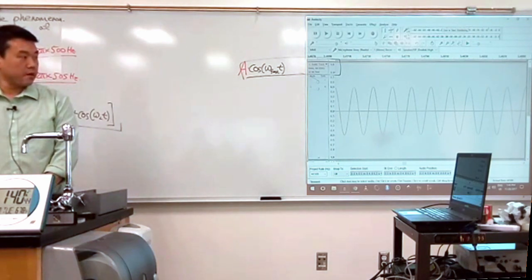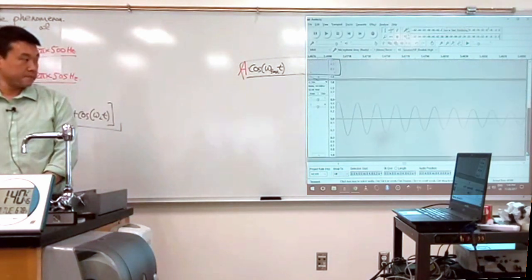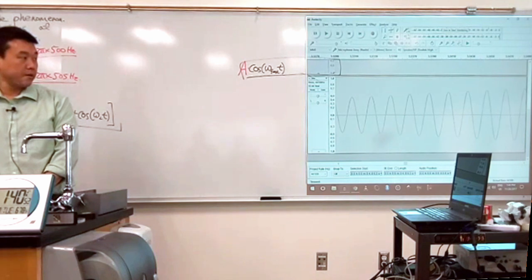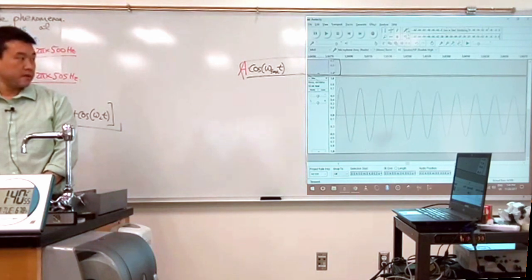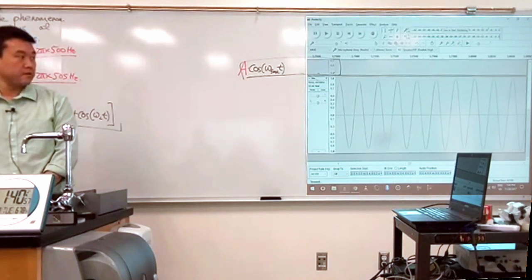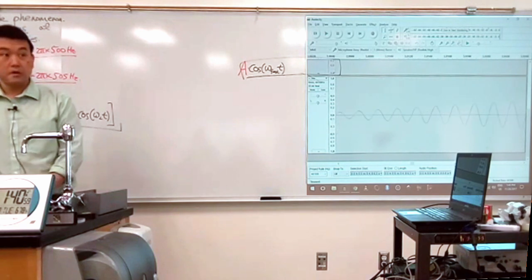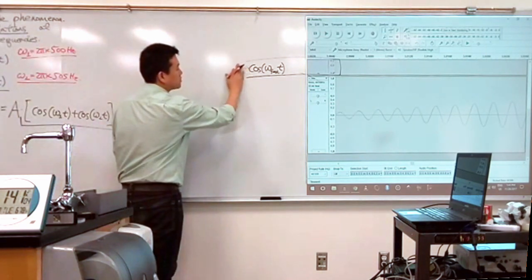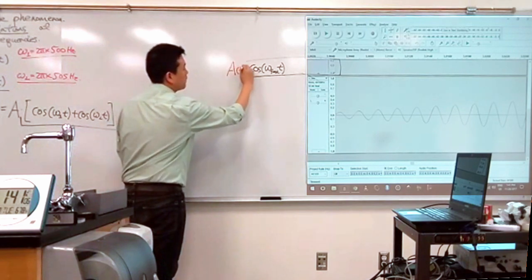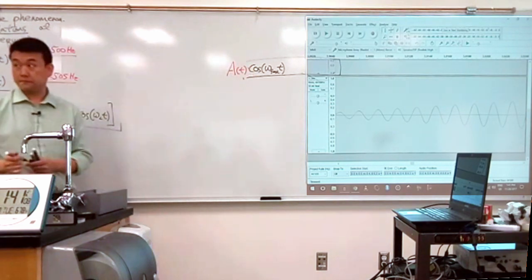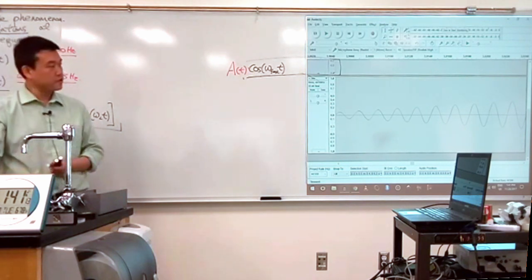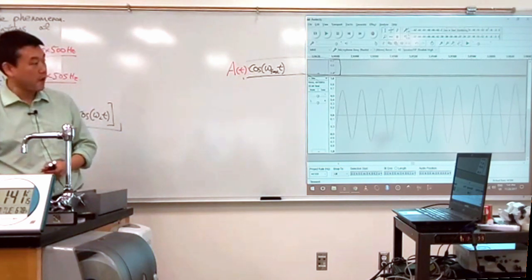The result of the interference is this. Look at what happens to this oscillation as I go through different times. Amplitude increases, then decreases, and increases again, then decreases. So this A, amplitude, instead of being a constant, now has to be a function of time. I'm trying to describe this amplitude as a function of time.